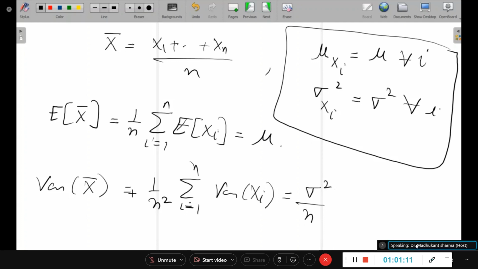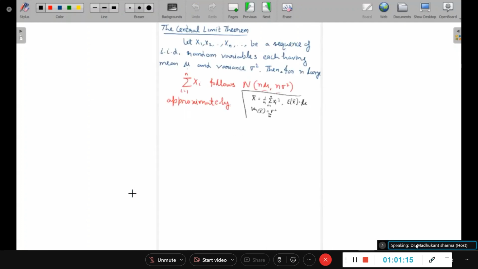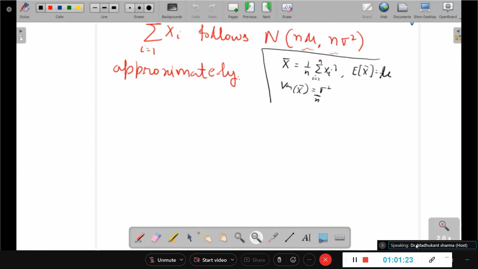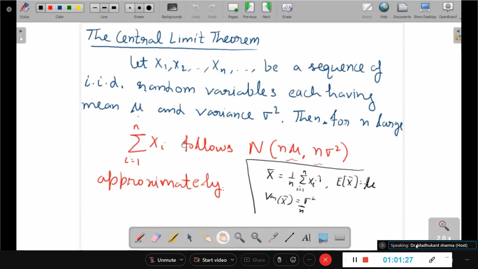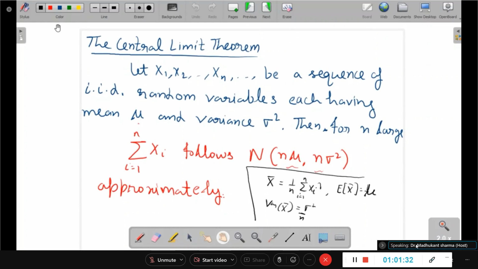Now I'm ready to give you the central limit theorem, which will give you the mathematical basis for what will happen in the long run.